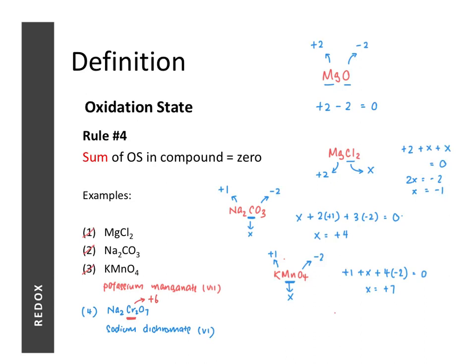Those of you who are sharper might notice that the Roman numeral in potassium manganate 7 and sodium dichromate 6 actually tells you the oxidation state of the transition metal atom in the compound.